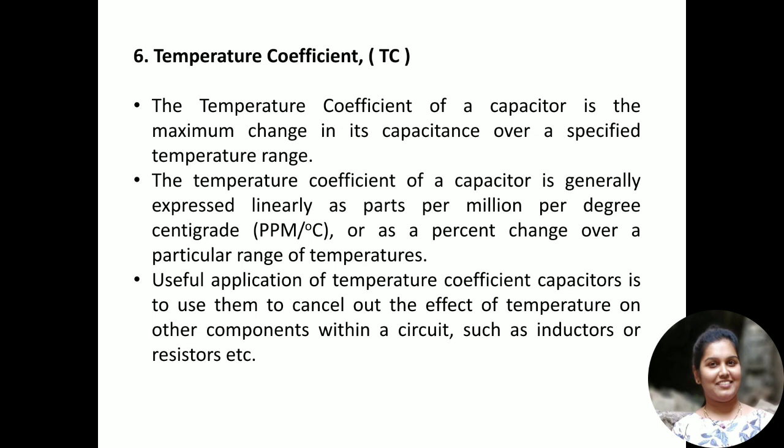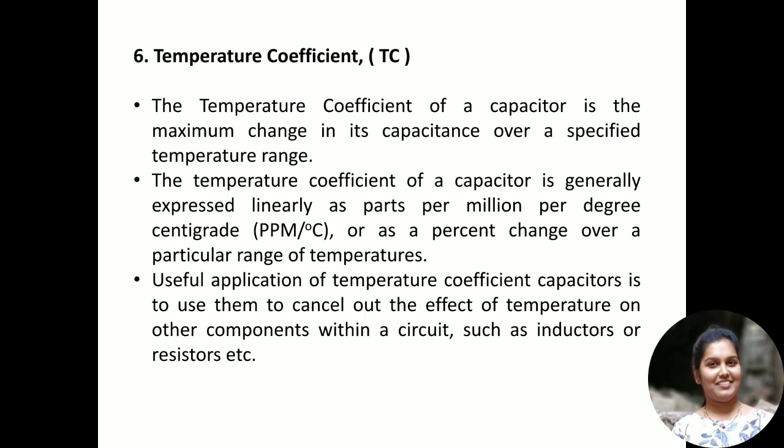The temperature coefficient of a capacitor is the maximum change in the capacitance over a specified temperature range. The temperature coefficient of a capacitor is generally expressed linearly as parts per million per degree centigrade, ppm per degree centigrade, or as a percentage change over a particular range of temperature.